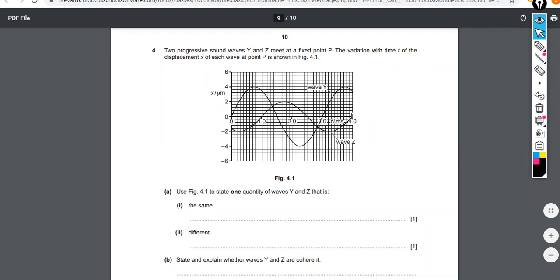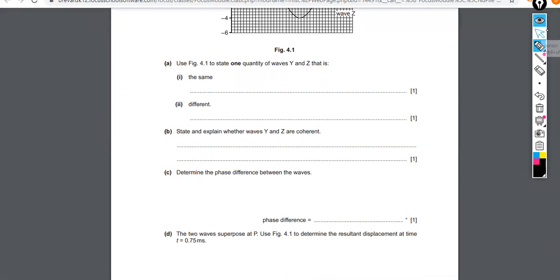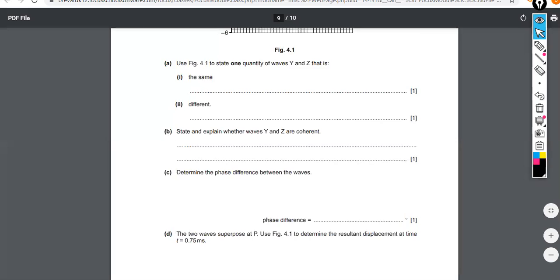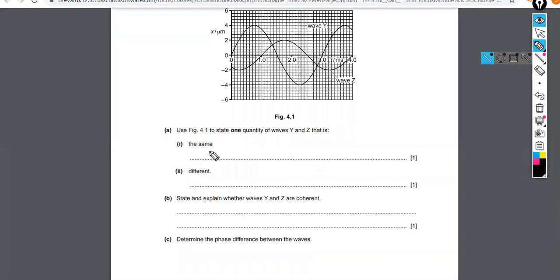It goes over to 4 milliseconds before it repeats, and that's also 3 milliseconds. So what's the same about it? Period.